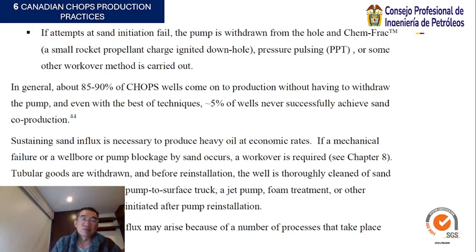In general, about 85 to 90% of CHOPS wells come on to production without having to withdraw the pump, and even with the best of techniques, about 5% of wells never successfully achieve sand co-production.